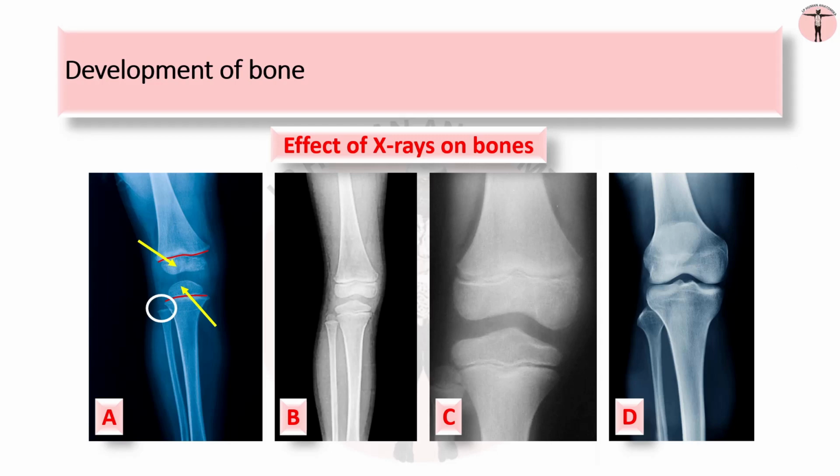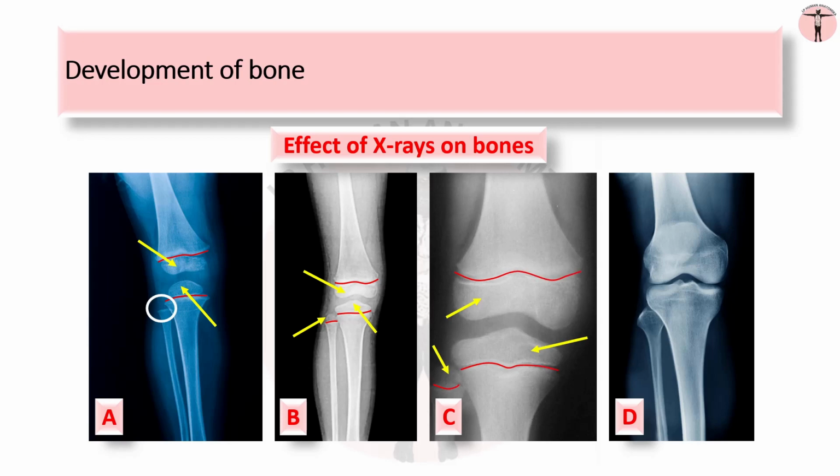In X-ray B, the secondary centers have expanded to form the epiphysis and the secondary center for the fibula has appeared. The epiphyseal plates are clearly visible. In X-ray C, the epiphysis is well developed and the narrowing epiphyseal plates are visible.